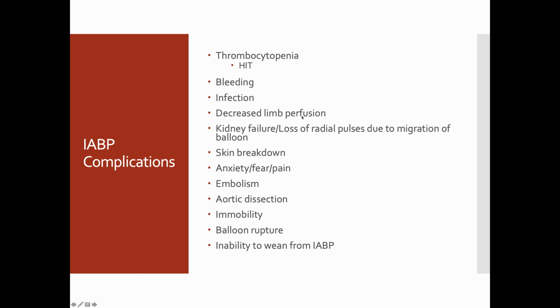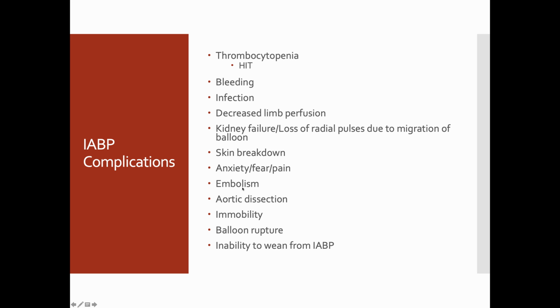Limb perfusion can be an issue because you have a fairly decent-sized catheter in the groin that is taking up space and preventing full perfusion of the lower extremity. Skin breakdown, anxiety, potential for an embolism.